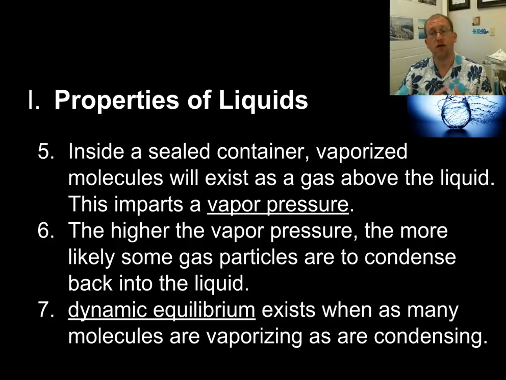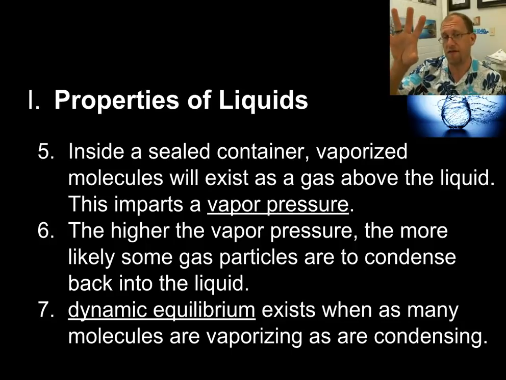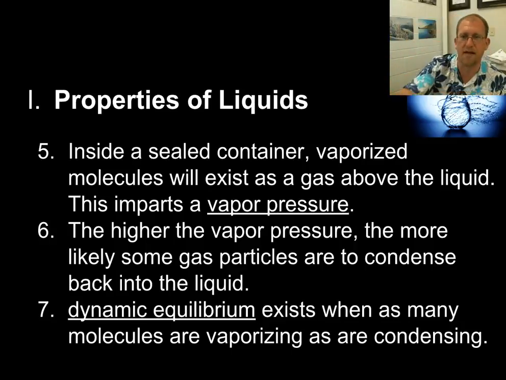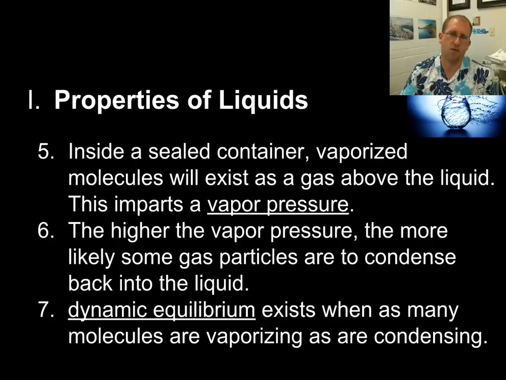And so you've reached a dynamic equilibrium, where there are still molecules leaving the liquid state and evaporating, but there are just as many molecules leaving the vapor state and recoalescing into the liquid. Some are going up and some are going down, and it's happening at the same rate, so we have a state of dynamic equilibrium.